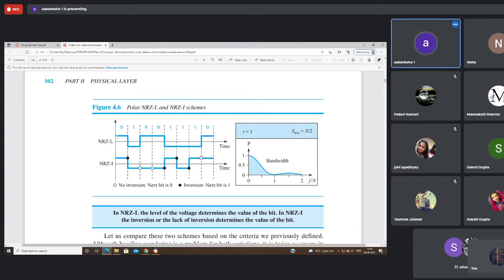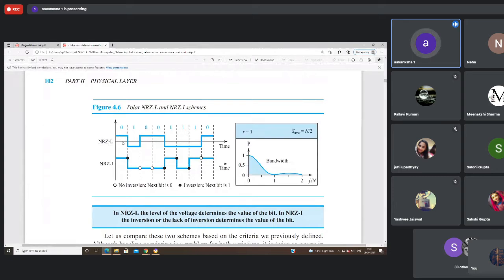So non-return to 0 level means we are having a specific level for a bit, but during the duration of this one bit, the full pulse clock cycle of this bit, there is no change in the voltage level. That means non-return to 0.